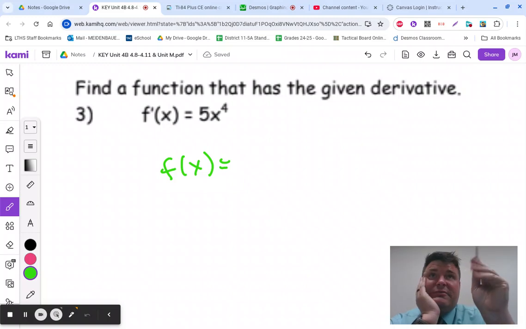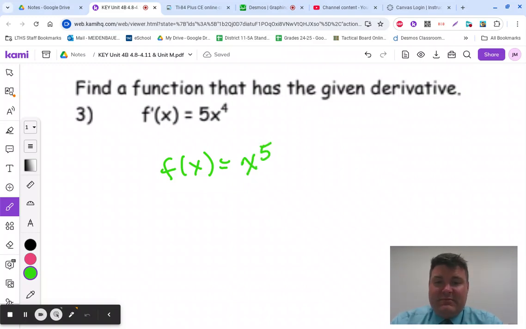Well, if we usually first multiply in front, probably should do the complete opposite and divide. Okay, so this would be the same thing as dividing this by a 5, so it becomes x to the 5th. Okay, does this check out? Does this derivative work? Derivative of x to the 5th is 5x to the 4th. Just a little bit of guess and check.